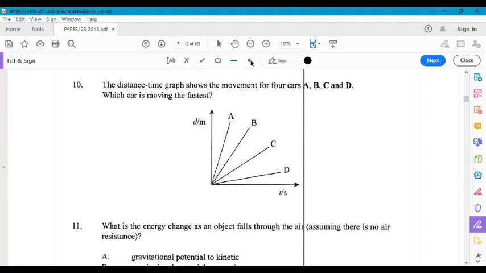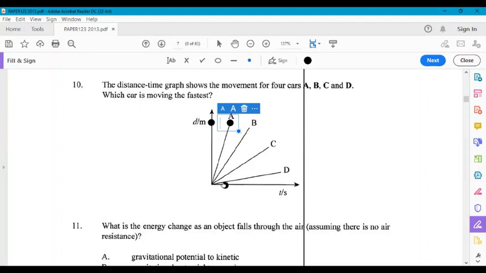So at this point right here, if we just draw a line down, we can see that this point is the highest on the distance axis. So that means the most distance has been traveled by A, and it also has the shortest time.